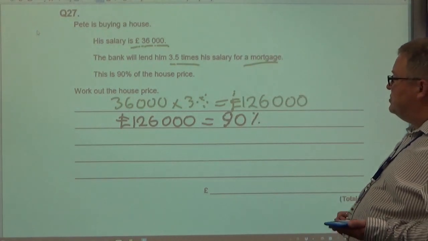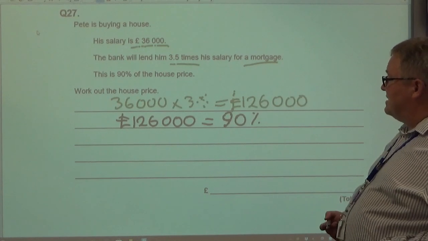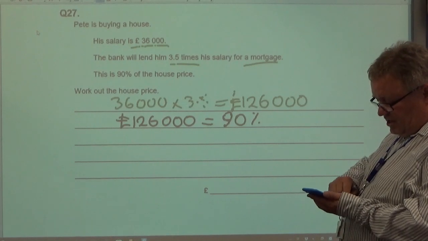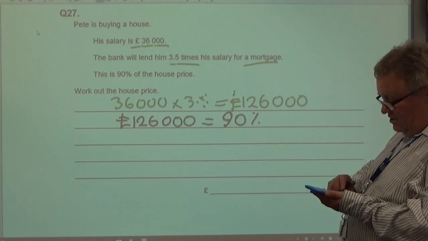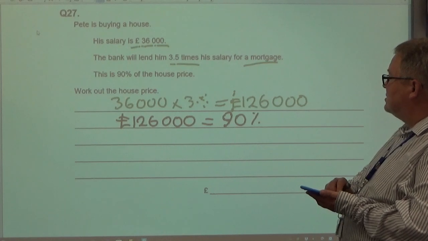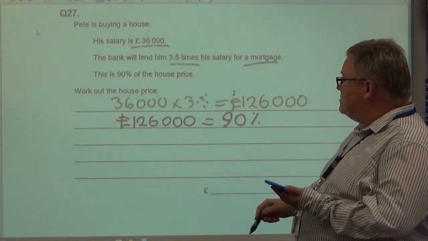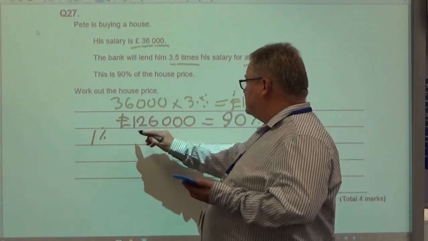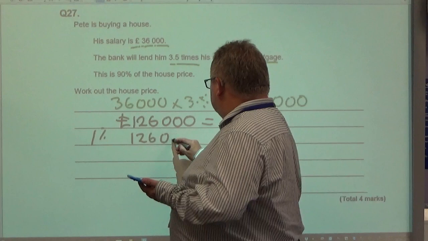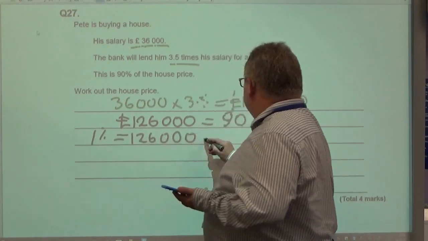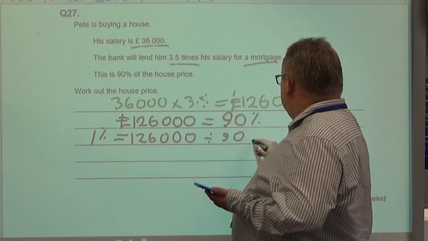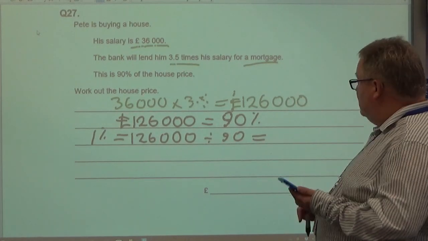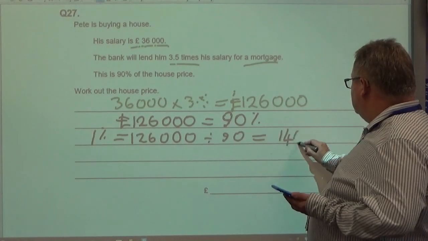So to find out what the price of the house is, quite straightforward. There are many ways of doing this, but we could just say, well, if that's 90%, let's find 1%. So 126,000 divided by 90 is going to give us 1,400.